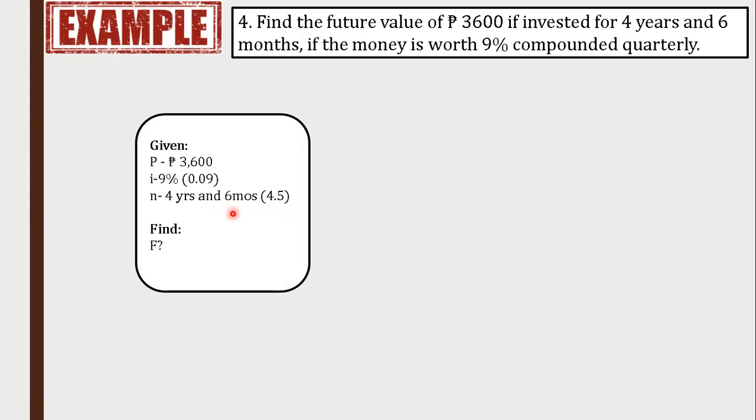Which means it's 0.5 if you're going to solve that one, because it's in a percentage. When you solve 6 months over 12 months, that is 1/2, or 0.5. So that explains why it is 4.5.